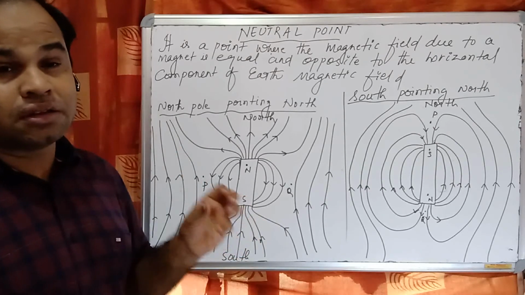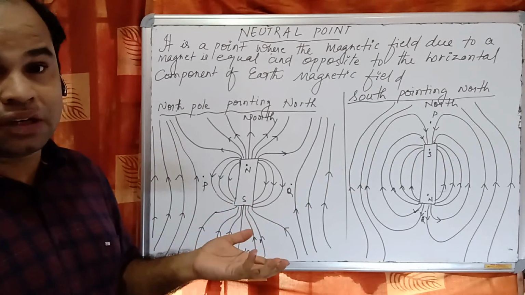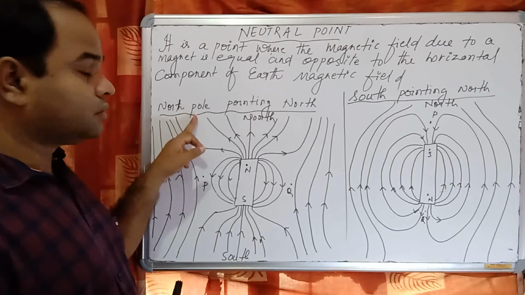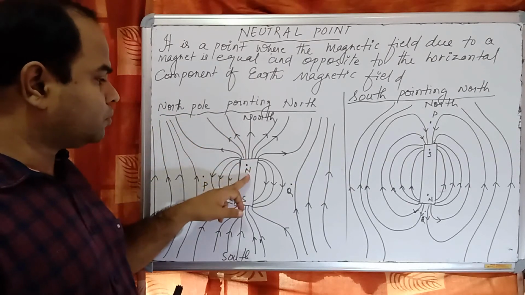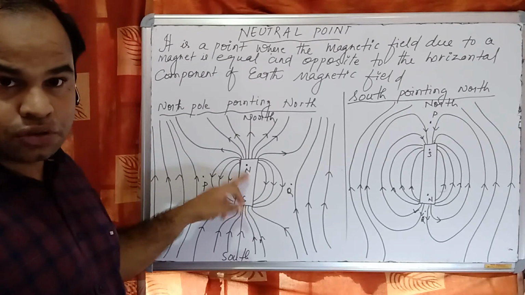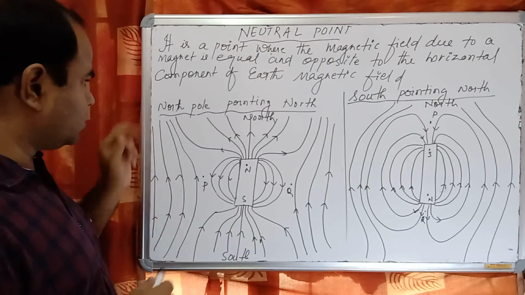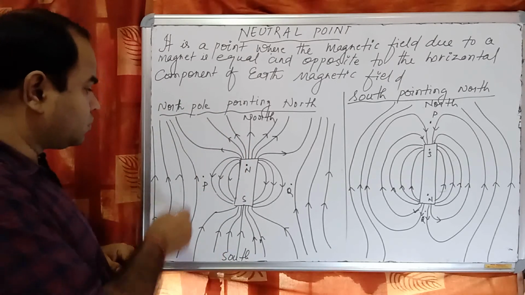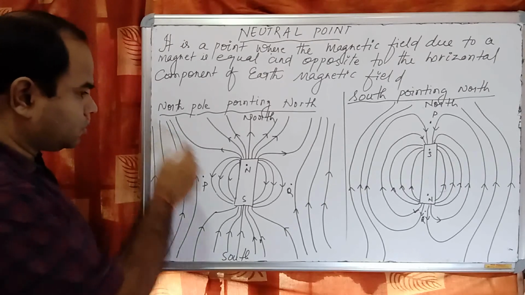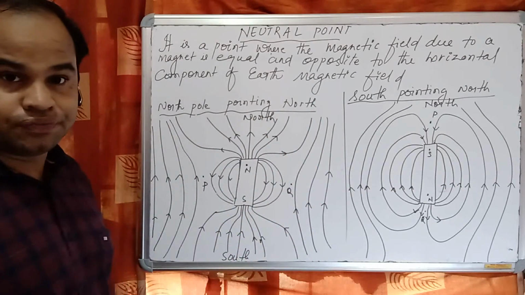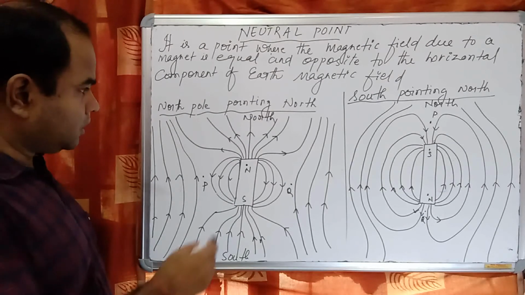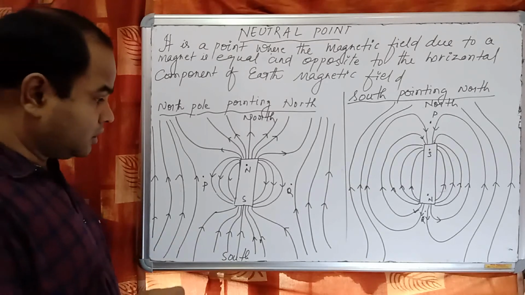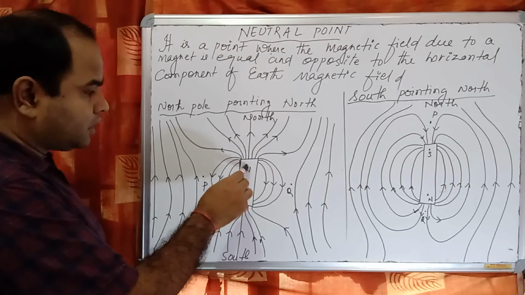The bar magnet will also produce its own magnetic field lines, just like this Earth magnet. So case one is the north pole of this Earth magnet is pointing to the north pole of this bar magnet. So this is the north and this is the south. The magnetic field lines of Earth go from south through north. For the bar magnet, the field lines inside go from south through north, and outside from north through south.